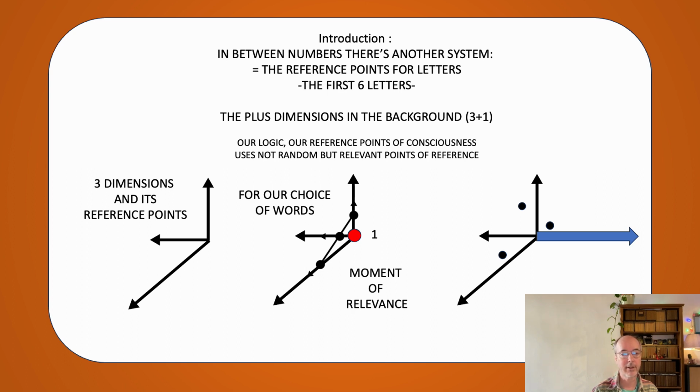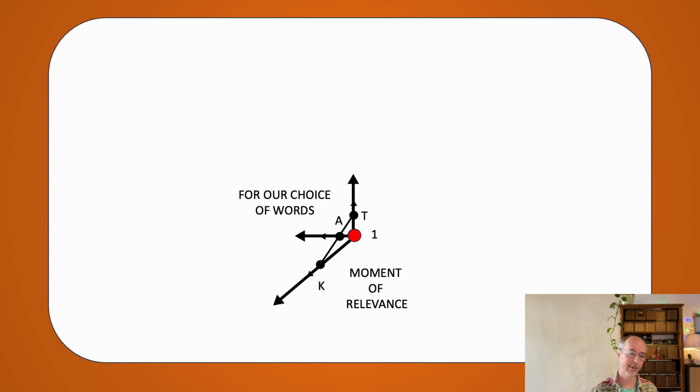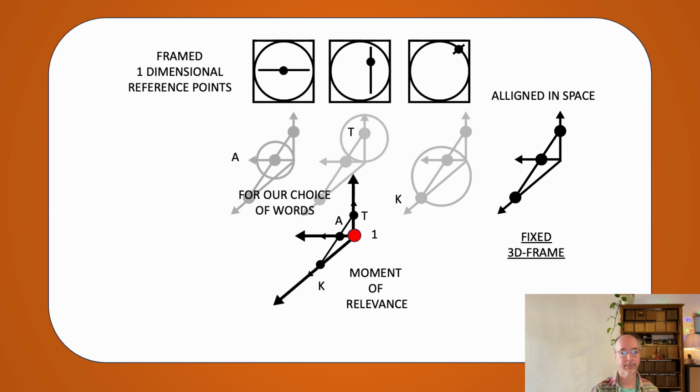So what we really need is a moment of relevance that makes it so that we have a reference point that we can start from, that has a certain limit, and that is also connecting forward, and this within a fixed frame, how it hangs together.